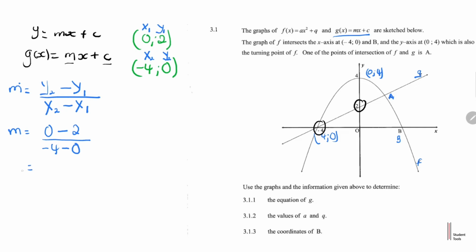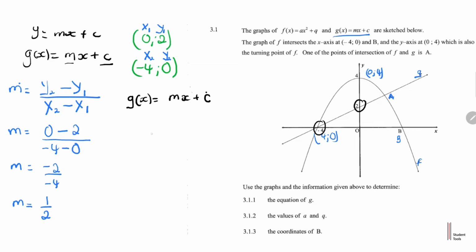The gradient will be 0 minus 2, that is negative 2, over negative 4 minus 0, that is negative 4. So our gradient is equal to a half, because negative 2 over negative 4 is equal to a half. Okay, now we have the gradient. What we are left with is the value of c. We do not know the value of c, so let us now try to find it. Again, we have g of x equal to mx plus c.